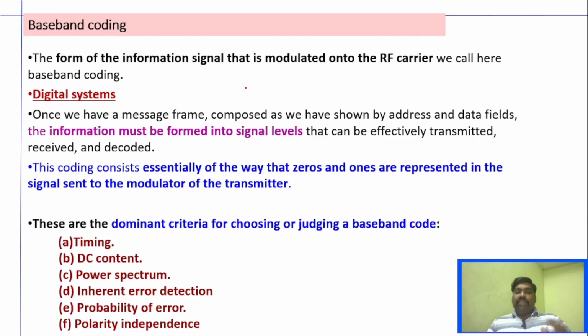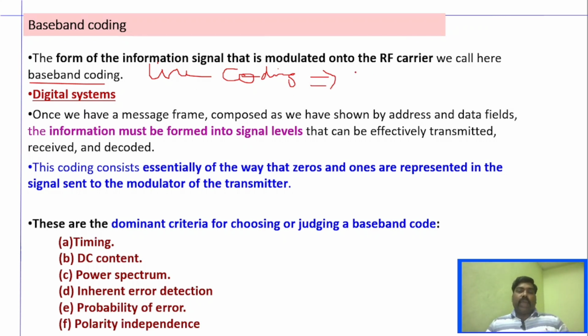To start with, we already know what is baseband coding. Baseband coding is a form of an information signal that is modulated onto the RF carrier. We can also call this baseband coding as line coding. To make it in very simple terms, baseband coding is where we convert binary data into a binary signal.